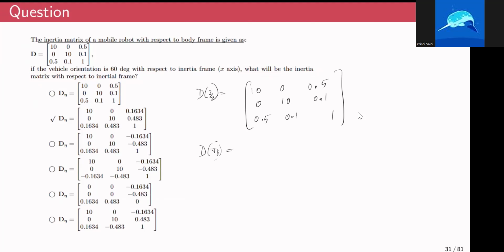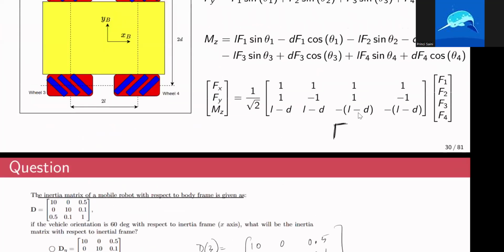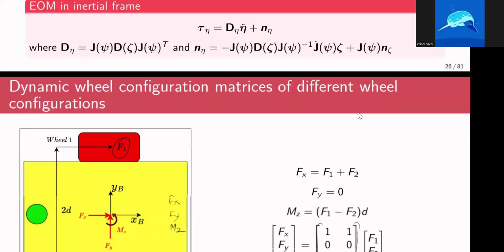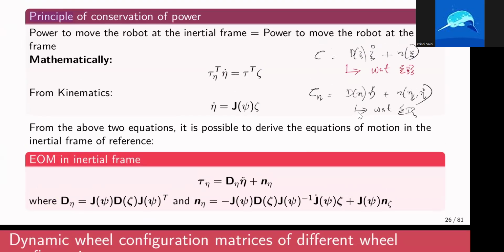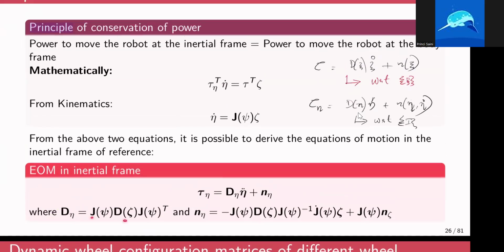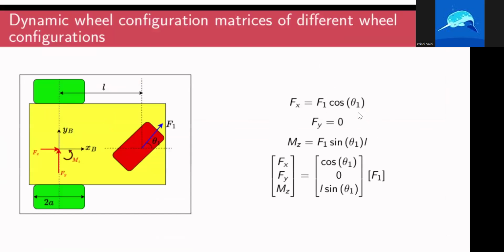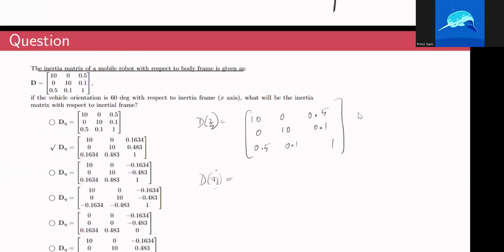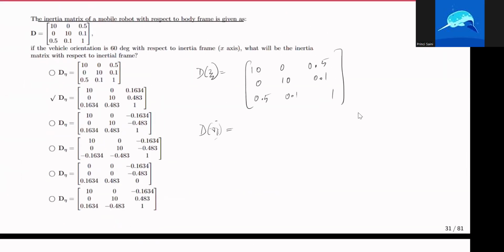And in one of the previous slides, we have actually seen the expression for D of eta as J D J transpose. So if I write it over here, J multiplied by D multiplied by J transpose. D is already given in the question.